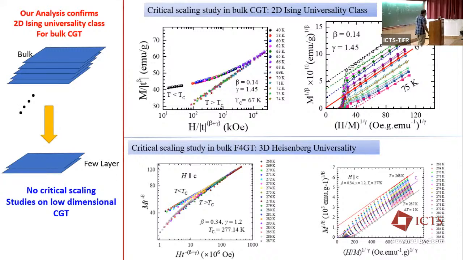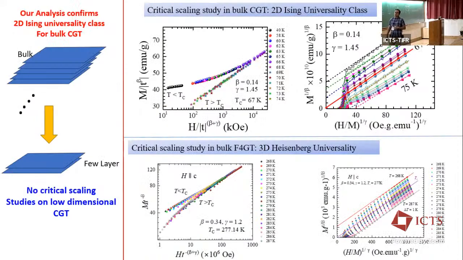Earlier there have been a few Nature papers on this, where people tried to thin it down, and they could only go down to 19 nanometers of thickness. After that, they lost the magnetization signal. It was not measurable, and they couldn't follow up the analysis, but at least down to 19 nanometers, they found it was 2D Ising-like. It followed that feature.